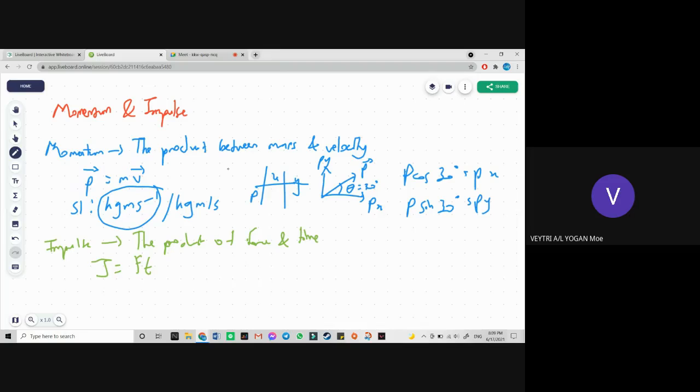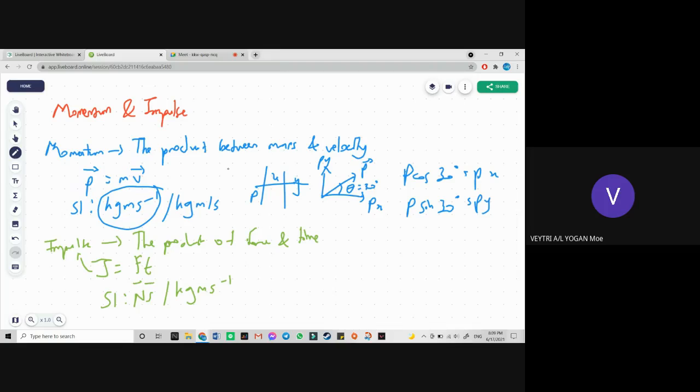J is the symbol for impulse. F and t are force and time. That's how you get the impulse. Now, what is the SI unit? The SI unit is newton second, not per second. Newton second or kilogram meter per second.